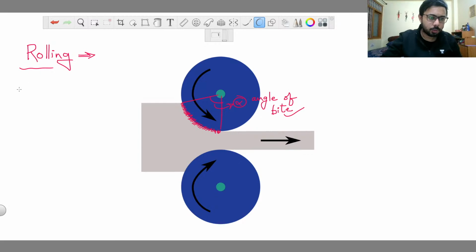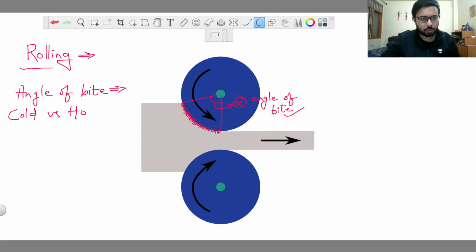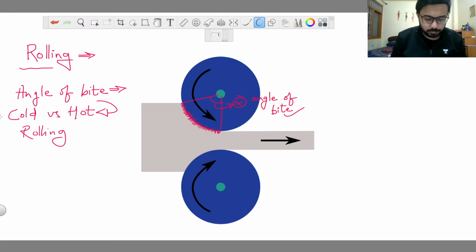So angle of bite you can understand from this very clearly, and you can now answer the question. We have to discuss angle of bite for cold versus hot rolling. For cold rolling we will get less draft. And what is draft? Draft is the reduction.